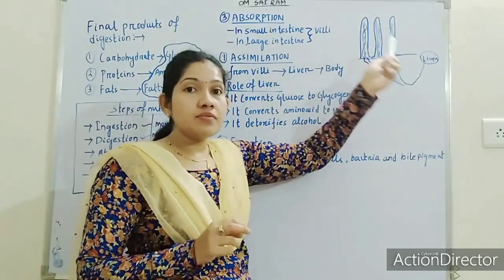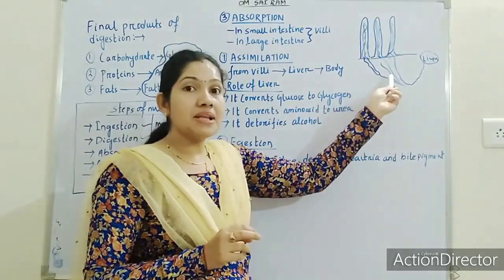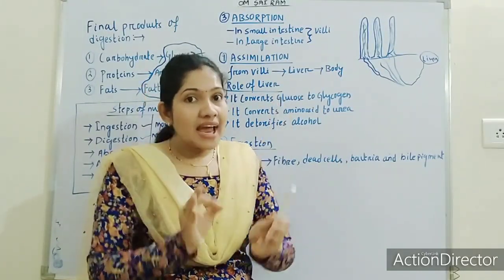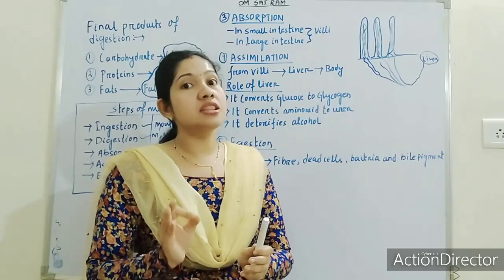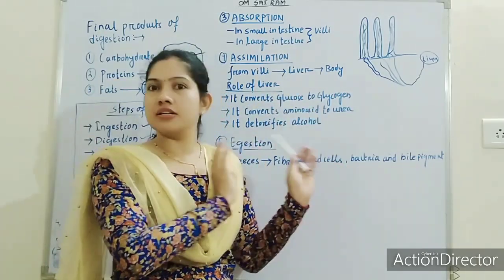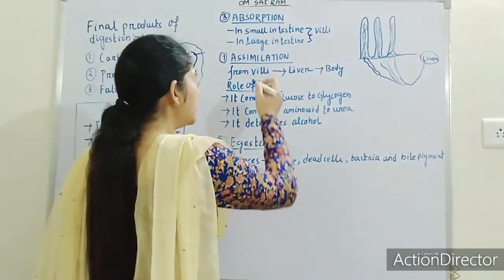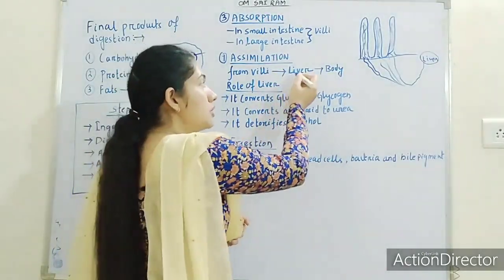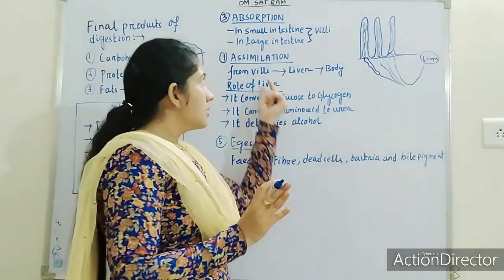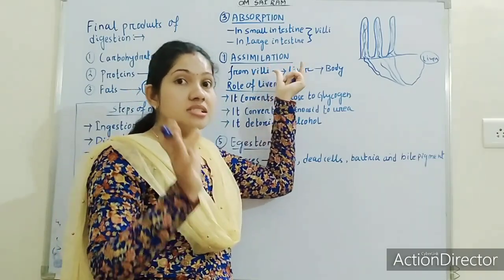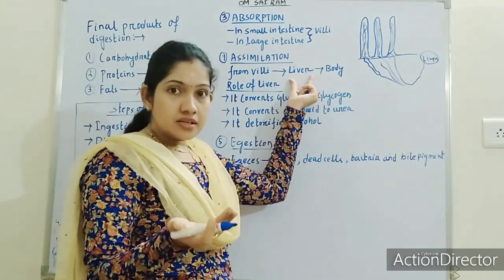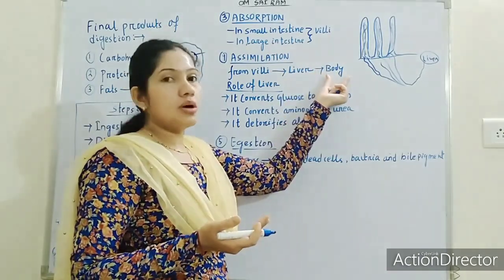The villi send the absorbed nutrient with the help of blood capillaries to the liver, and the liver sends those nutrients in the form of energy to all the body parts. How is it doing this? Let us talk. Here I have written from villi to liver, and from liver to the body parts. Already I said, from the villi, with the help of blood capillaries, it comes to the liver. The liver sends that energy or nutrient to the body parts.